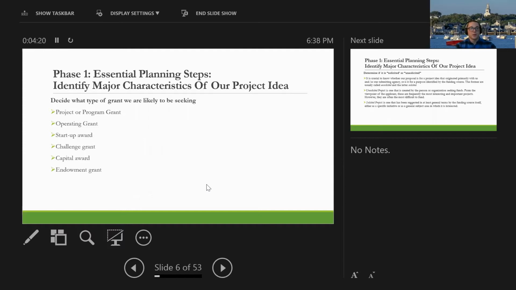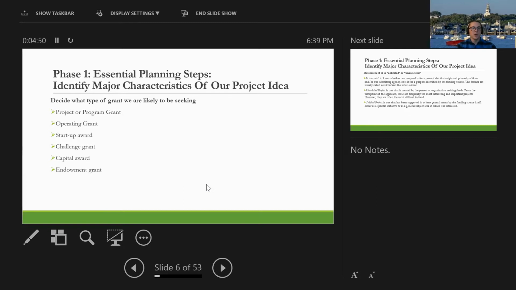So the project or the program grant, you can have an operating grant, a startup award, a challenge grant, a capital award, an endowment grant. If these terms are new to you, don't get overwhelmed. A basic Google search will give you all the details that you'll need for that. The internet, 20 years ago, you really had to do some hard research, well, just through books, and accessing the information was a little bit more difficult than it is today with the advent of technology.